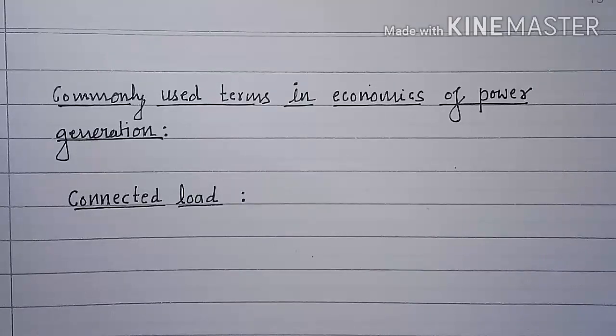So if we add the capacities of outlets and the continuous rating of all the loads which may be connected to the system, then we get the total connected load.